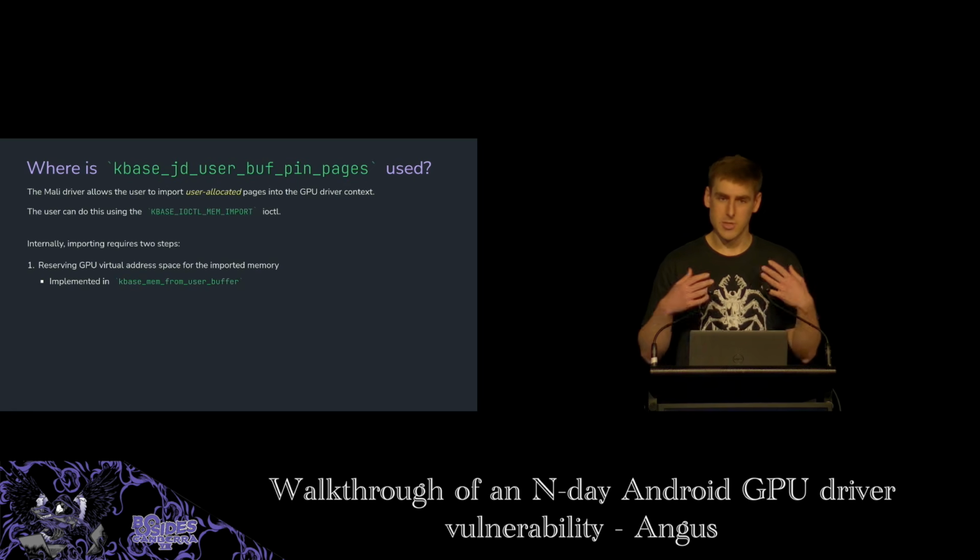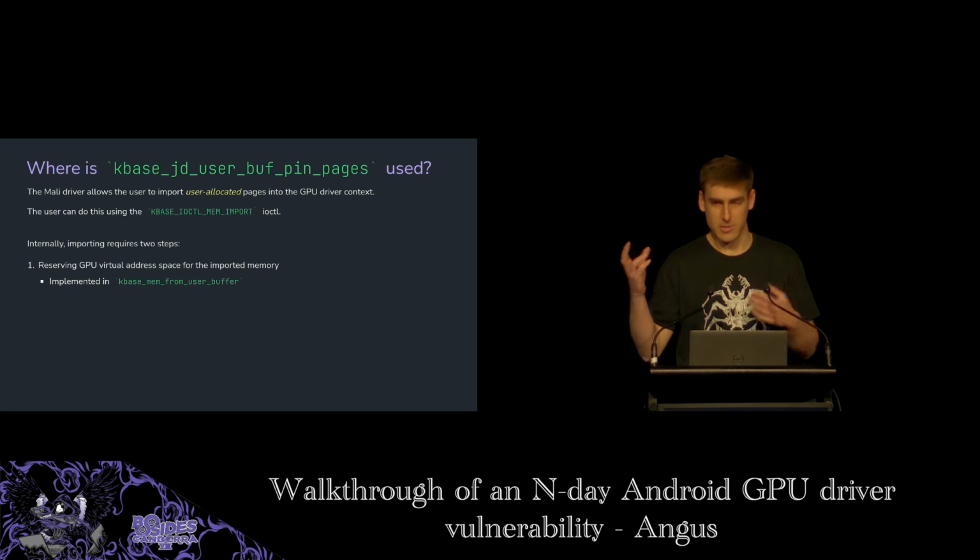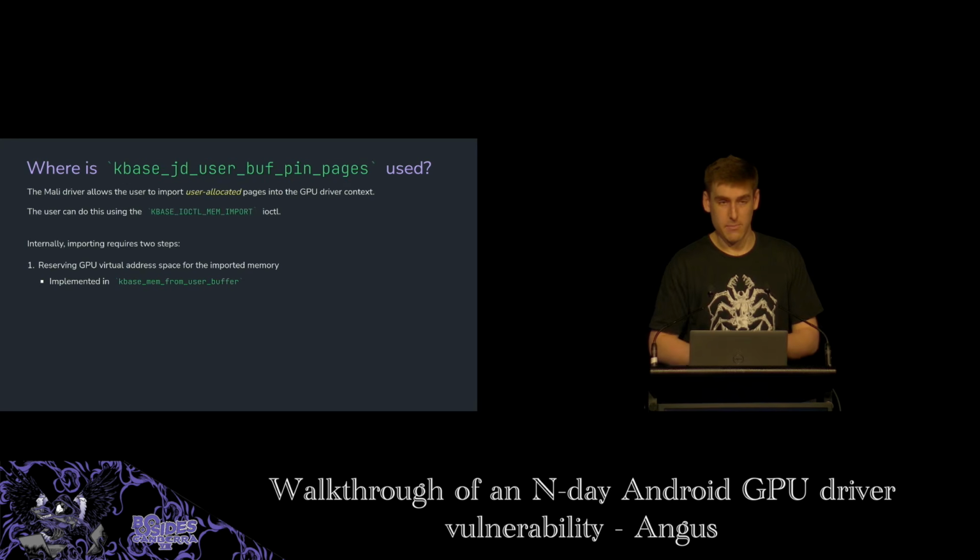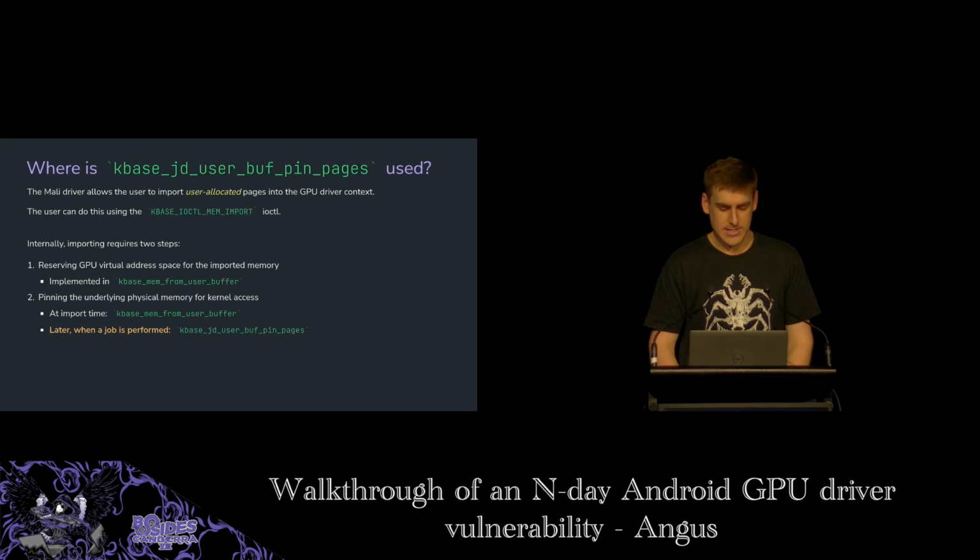First, it reserves virtual address space in the GPU address space for that imported memory. The second thing that needs to happen is the kernel needs to pin that underlying memory so that the kernel can actually access it and do stuff with it. The kbase_jd_user_buf_pin_pages function is used to do this second pinning step. So I'm going to walk through how this importing works internally so that we can see how this is relevant.